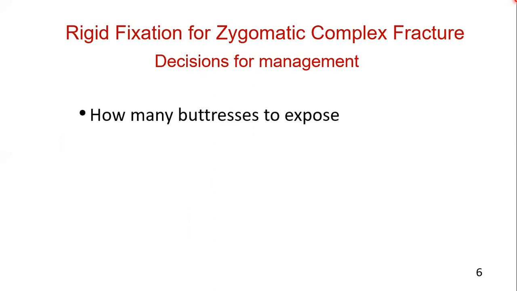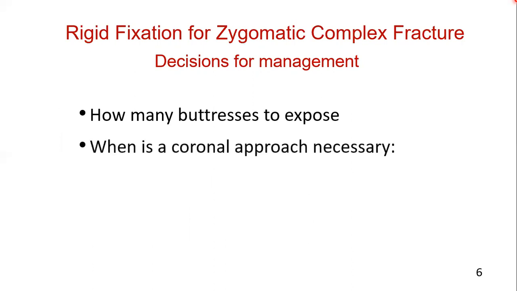Now, how will you decide on the management of the zygomatic complex fracture? As we have discussed, how many buttresses are involved in the fracture area. So how you will approach, how you will expose, what will be your surgical access, and whether the coronal approach will be required.